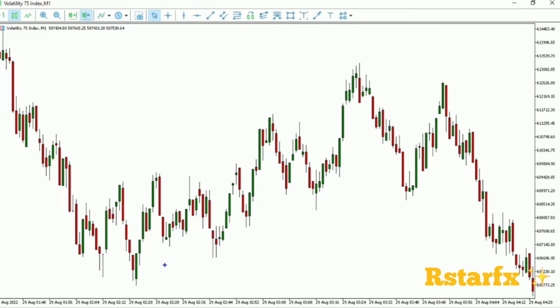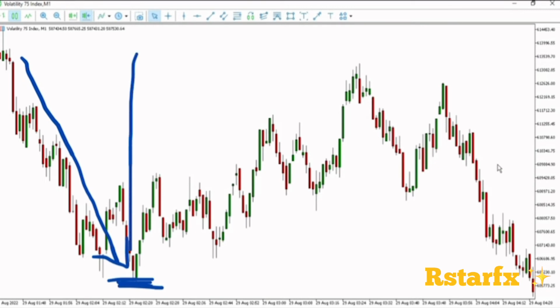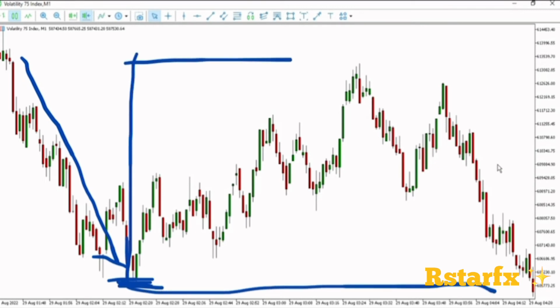Okay guys, let's take this chart as an example. We have this downtrend here, which ends here, so considering this for our uptrend example, the real chart.